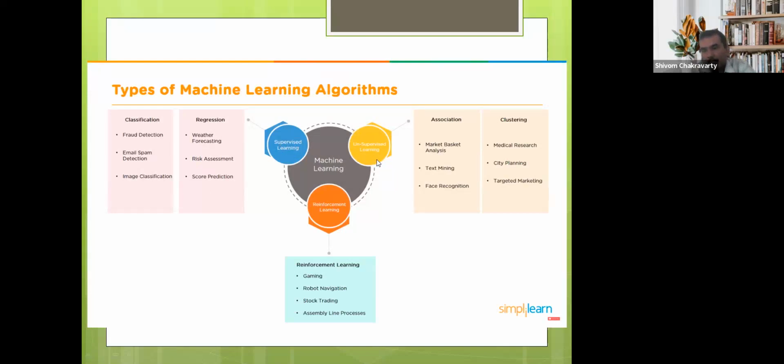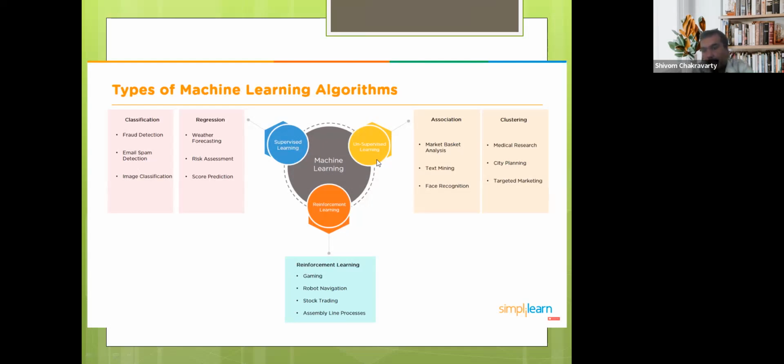Unsupervised learning is when we are setting the model free to learn by itself, like clustering, which we discussed. We are not telling how to form the clusters or how many clusters there should be. The model itself will try to form clusters.